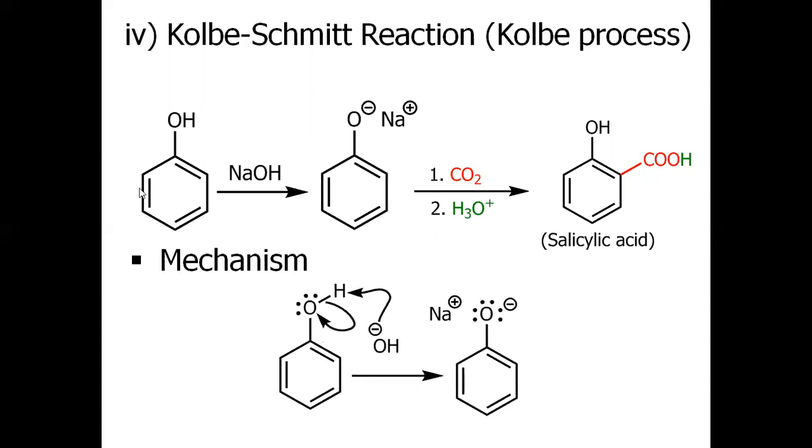As I mentioned earlier, the first step is basically the reaction of the phenol with a strong base. A strong base will remove the proton to give you the corresponding phenoxide ion. Now here, what happened?